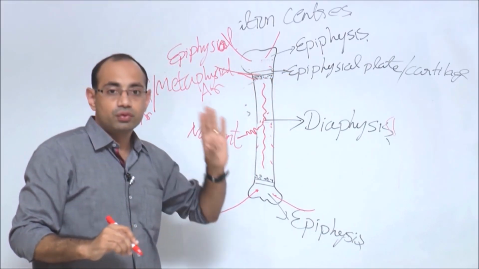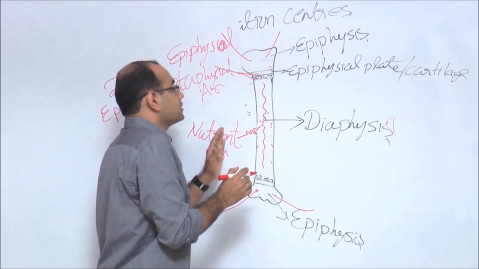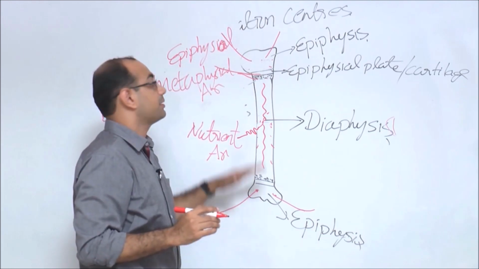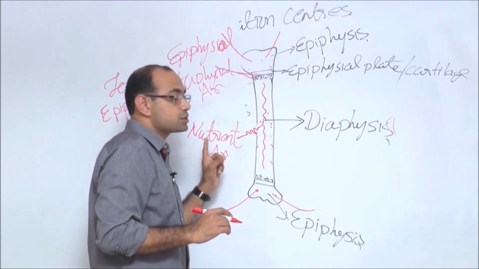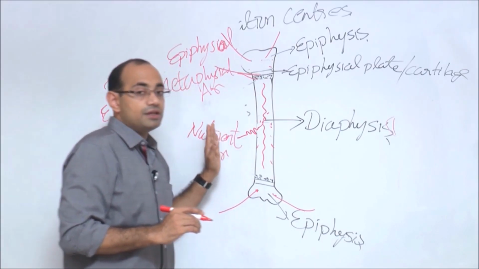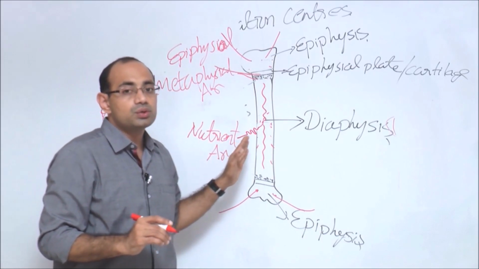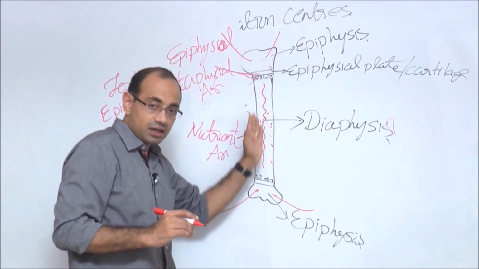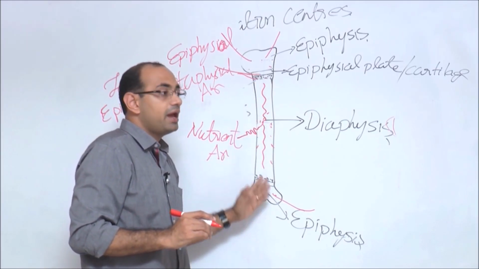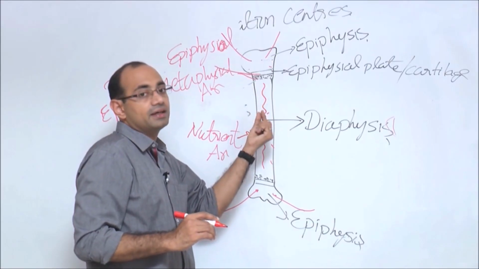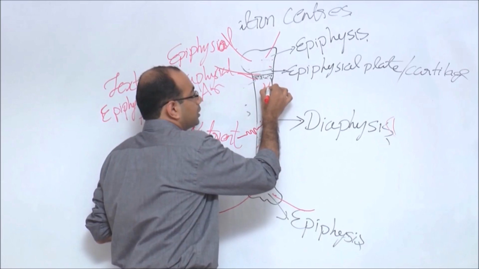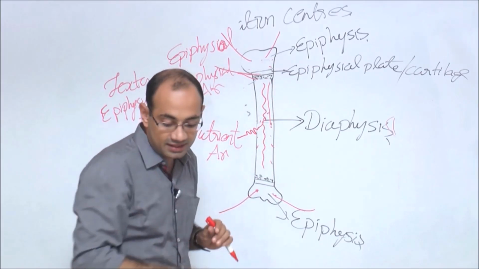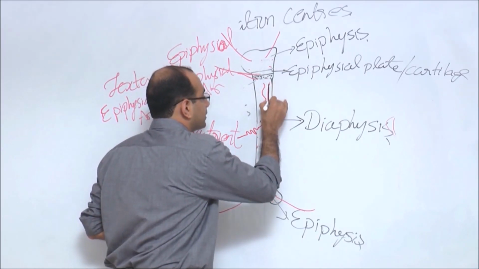Now, what is the fourth group of arteries? We saw that the ends are supplied, the metaphysis is supplied, the diaphysis is supplied. Now, you should also remember what all the nutrient artery is going to supply: the medullary cavity with the bone marrow there, and it's also going to supply the inner two-third of the compact bone. We said that there is compact bone in the wall here.